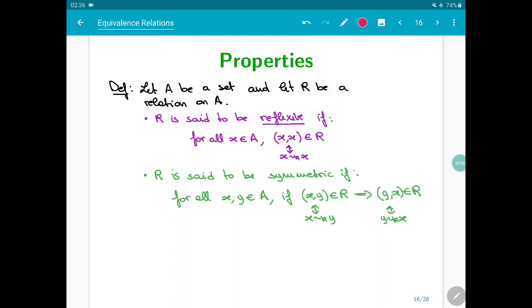Okay, I want to notice that this is actually an if and only if, because of course if (y, x) belongs to R, because the converse is true, then we have also that (x, y) belongs to R.